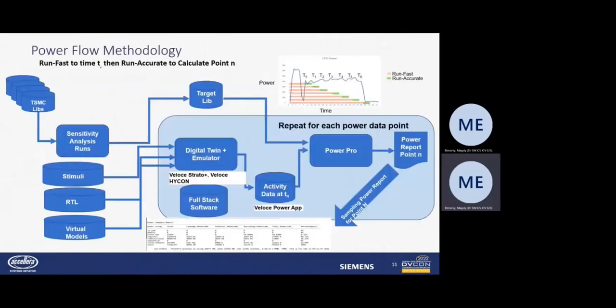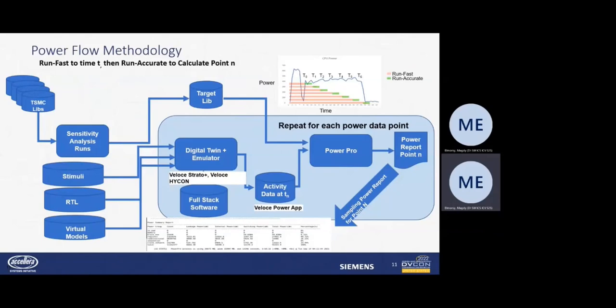This is the challenge. What we do is use a stimulus. Our stimulus, as I said and as the title of my presentation says, is a real application running with the operating system, with the whole stack of your software, including the application itself, the kernel, the driver, the firmware, the middleware, everything, in order to get a realistic stimulus.